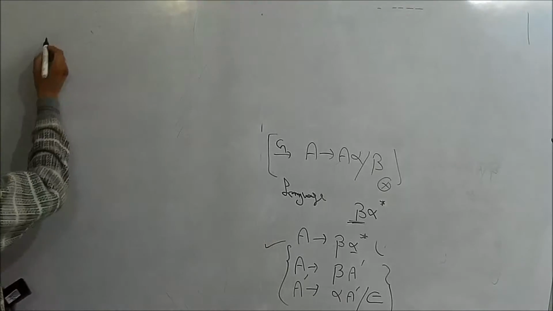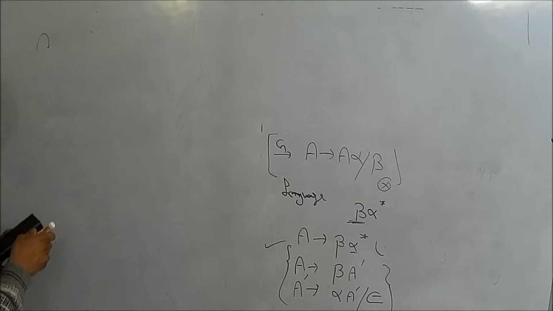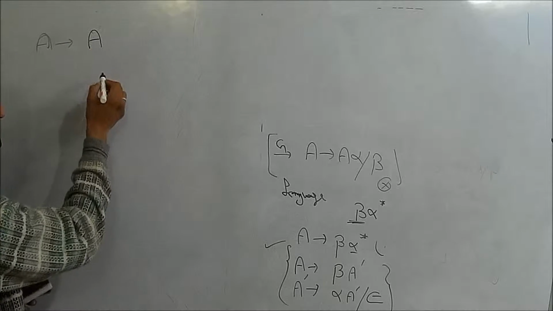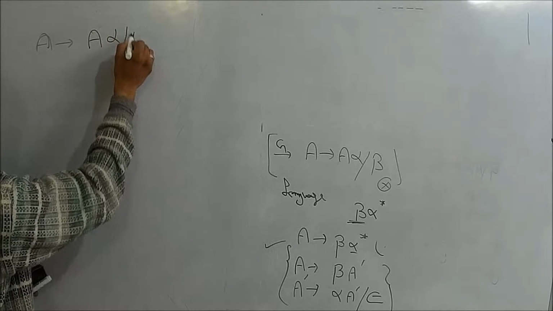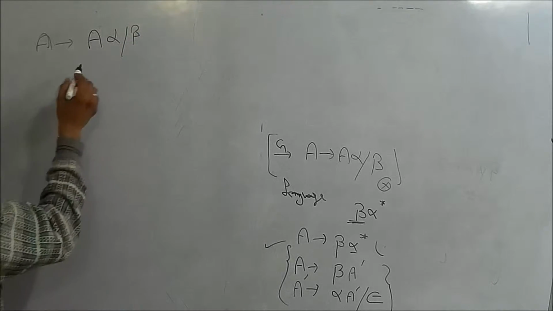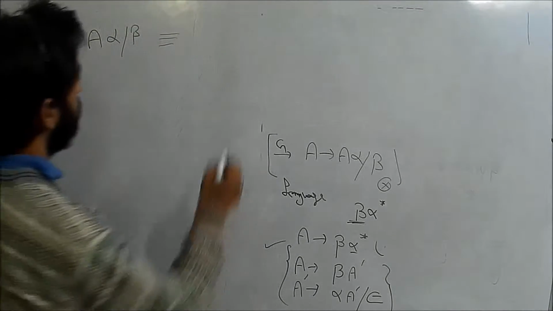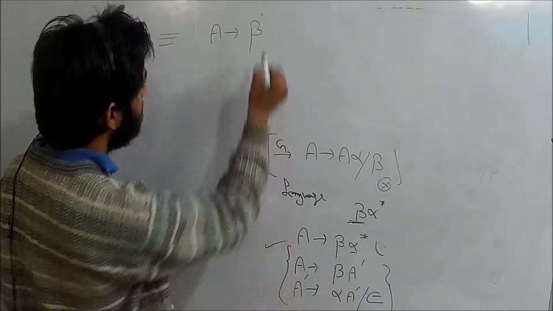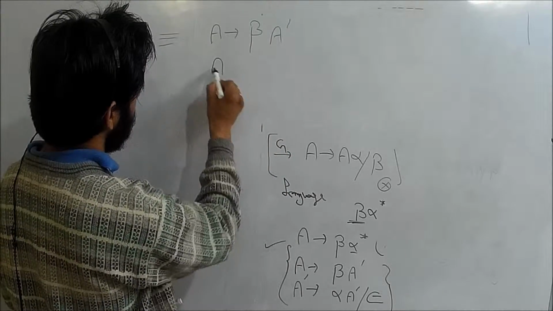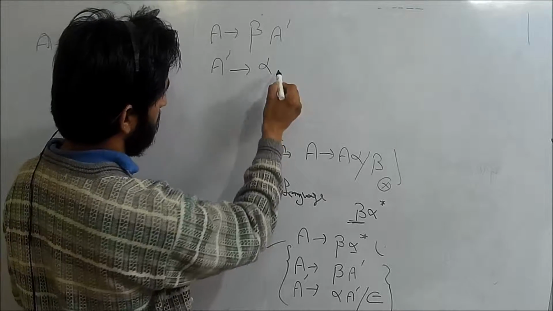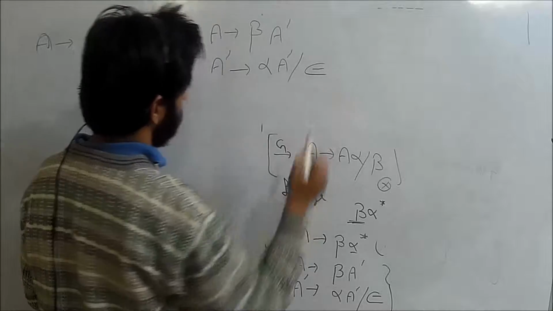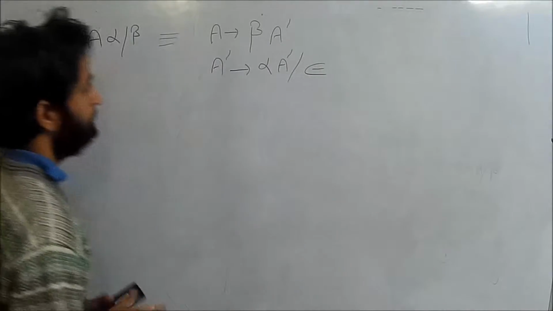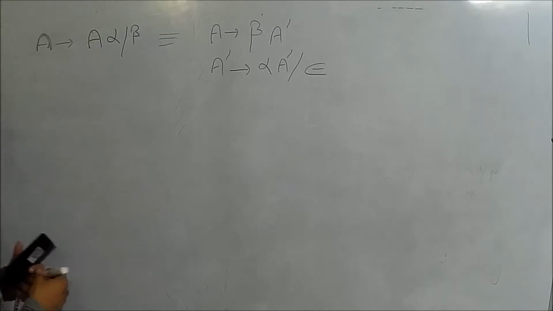We have a grammar in which A derives A alpha, beta, and this grammar is equivalent to A derives beta A dash, and A dash derives alpha A dash and epsilon.